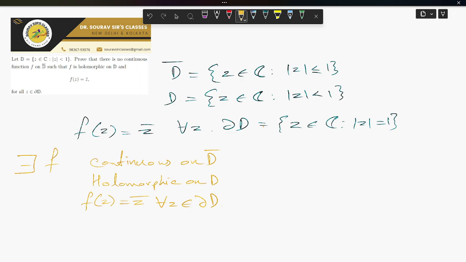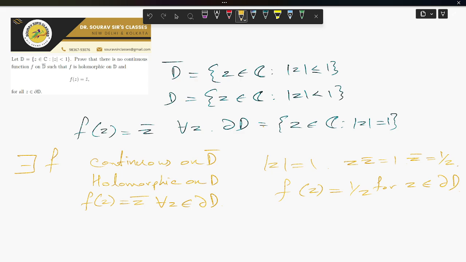On the boundary del D, our mod z is equal to 1, so z into z bar is equal to 1, which implies that z bar is equal to 1 by z. Thus the boundary condition becomes f of z equals 1 by z for z belonging to del D.